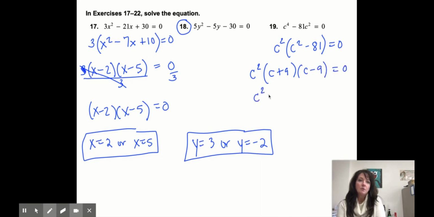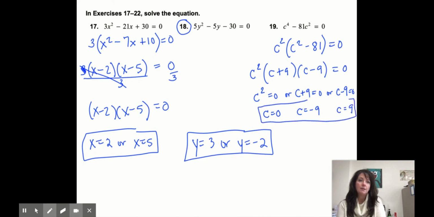So either c squared is equal to 0 or c plus 9 equals 0 or c minus 9 equals 0, in which case I have c is equal to 0, c is equal to -9, or c is equal to 9. So one of these three possibilities.